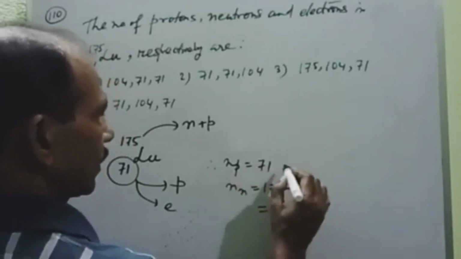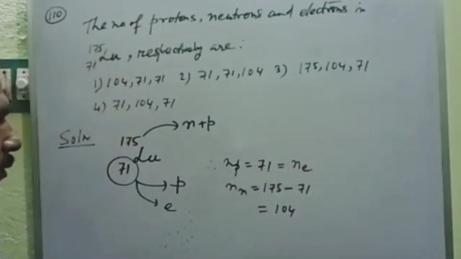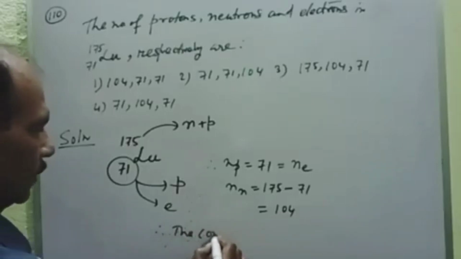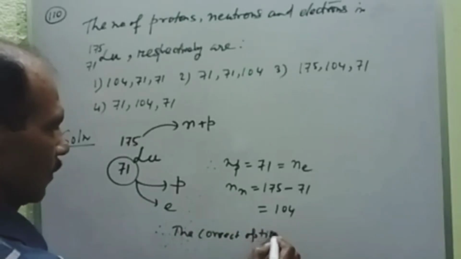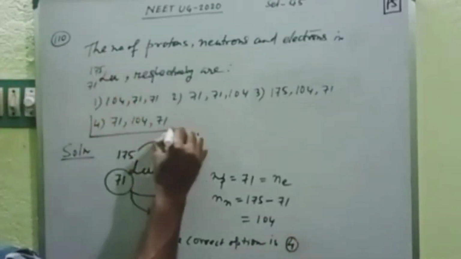Number of proton equals 71 equals number of electron. Therefore, the correct option, this is the right option.